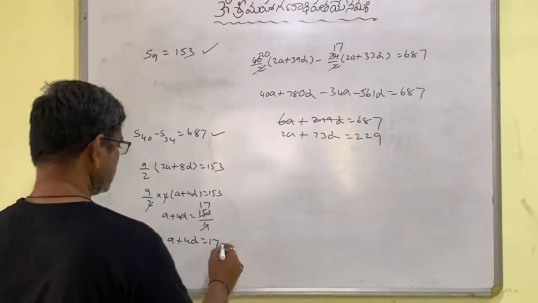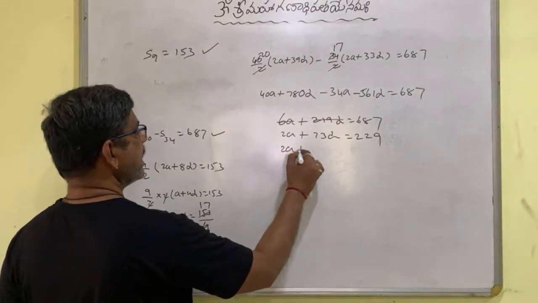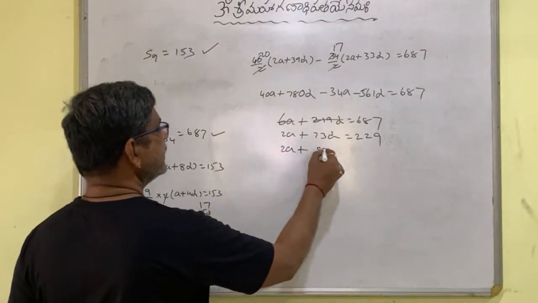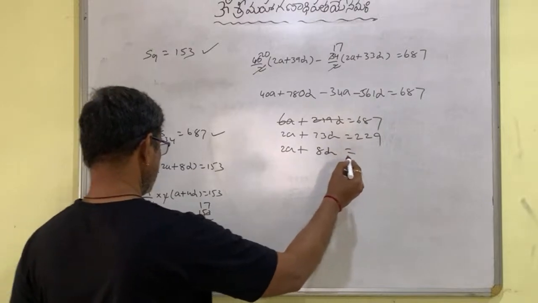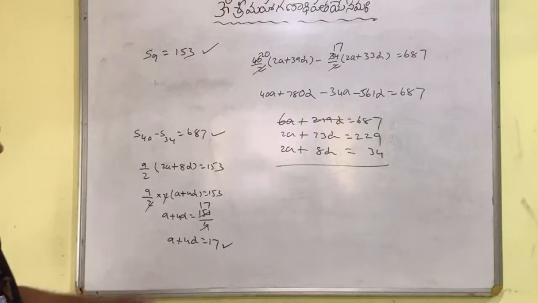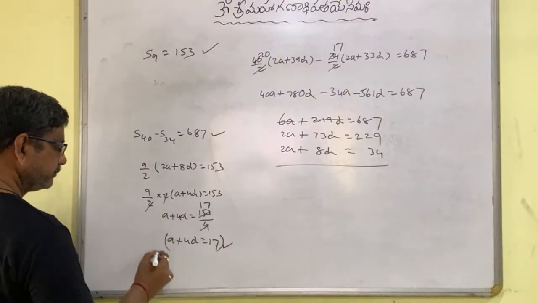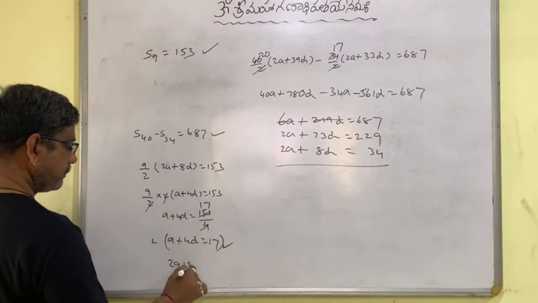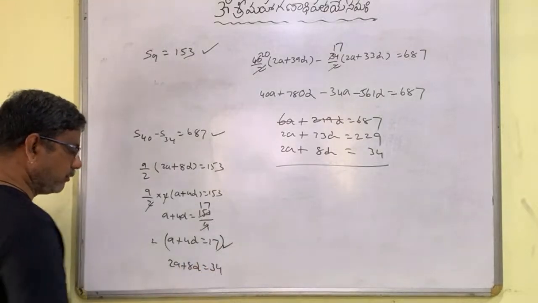And from this, 2a plus 8d is 34. Multiply this one with 2: 2a plus 8d is equal to 34.